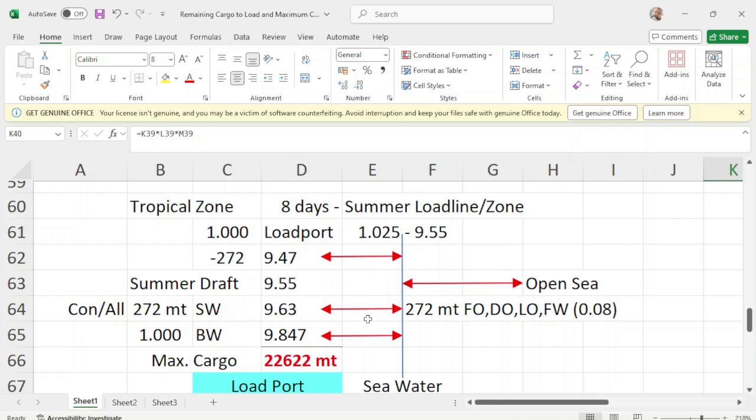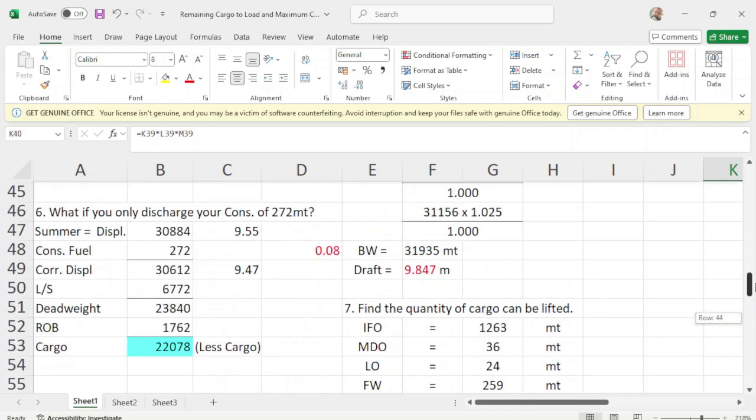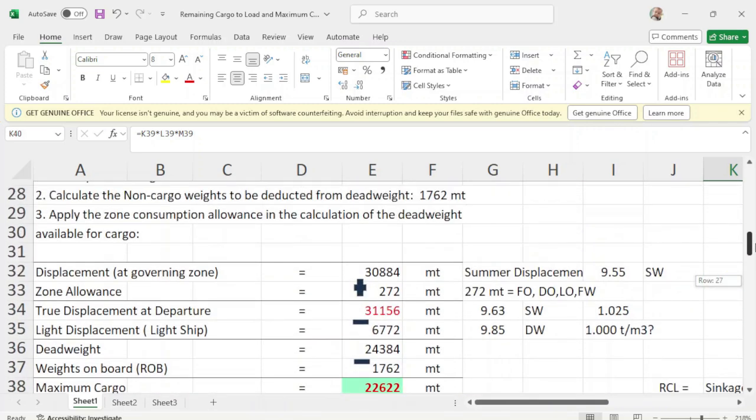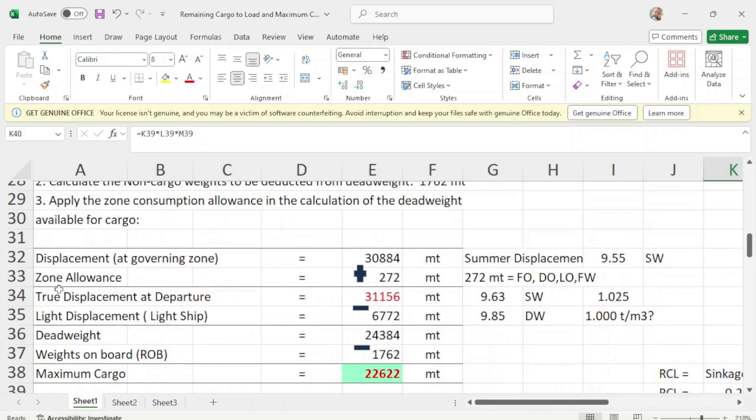Now, what happens if you only discharge your consumption? Meaning you don't want to add your zone allowance.